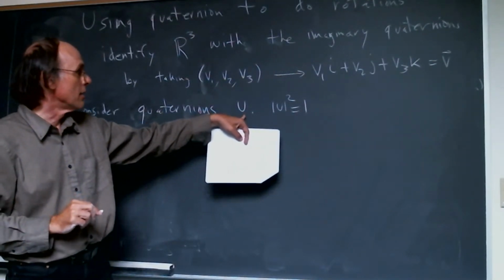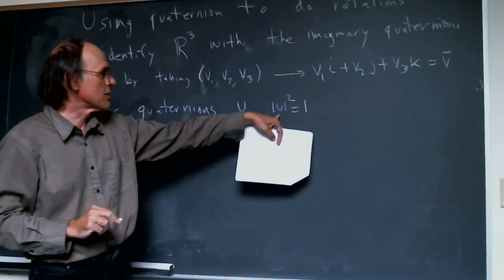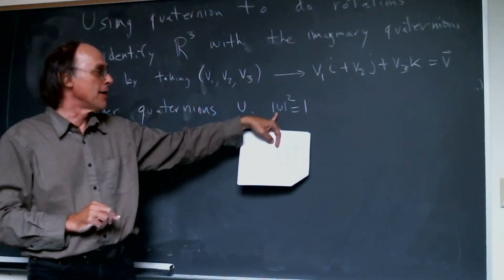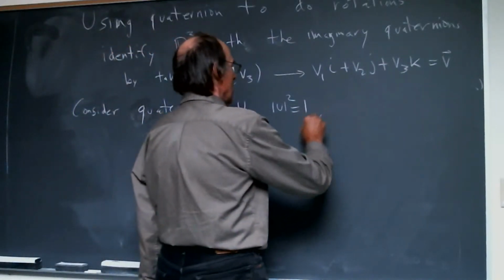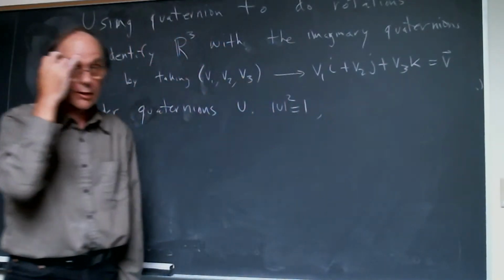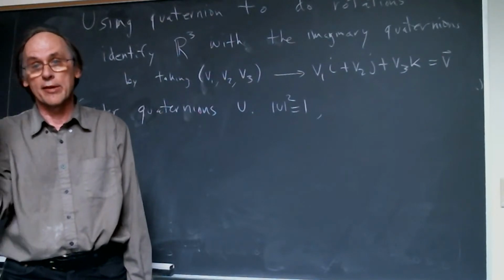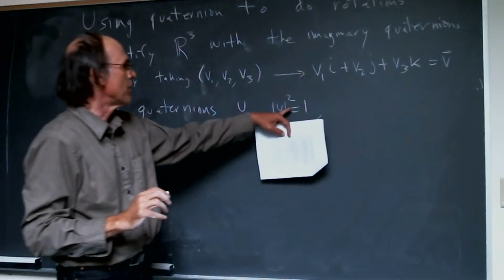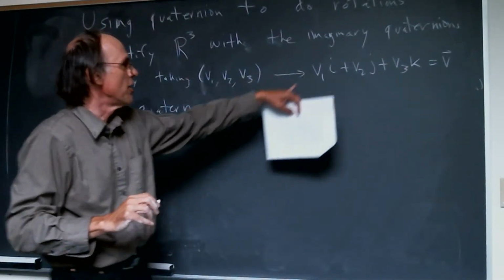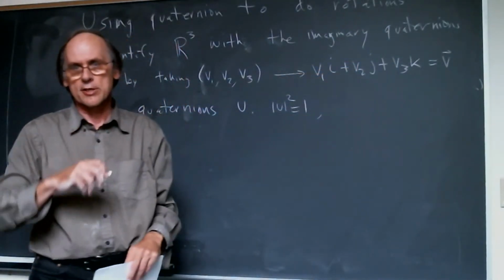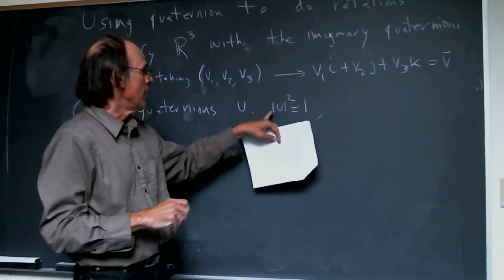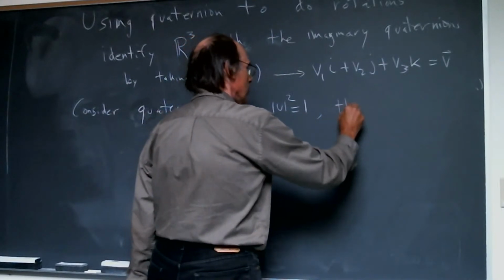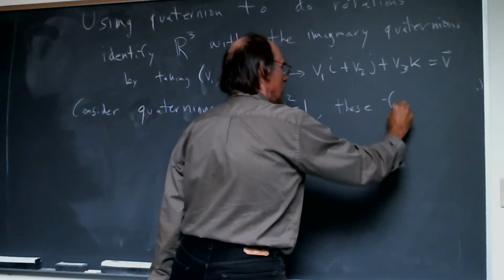These are four-dimensional gadgets, but just look at the ones that have length 1, and these form a group. You have to play a little bit to see how the formula for the inverse looks, but that's fairly simple. If you know a quaternion, you can figure out what its inverse looks like, and you can figure out that these form a group.